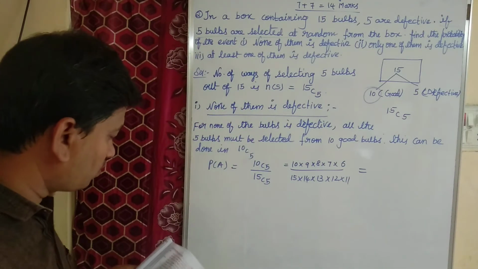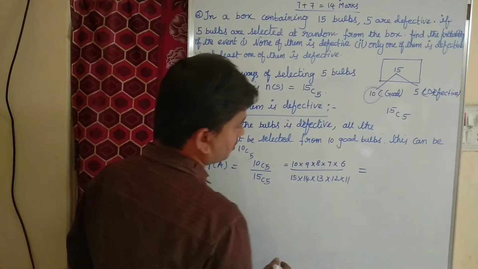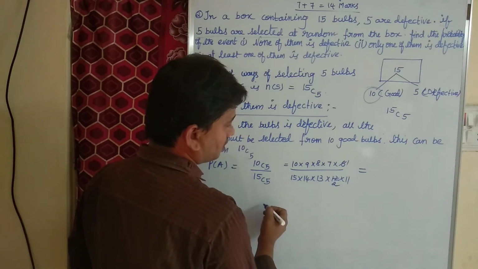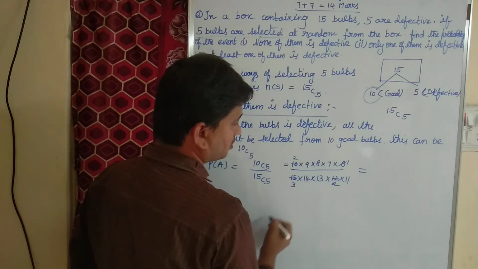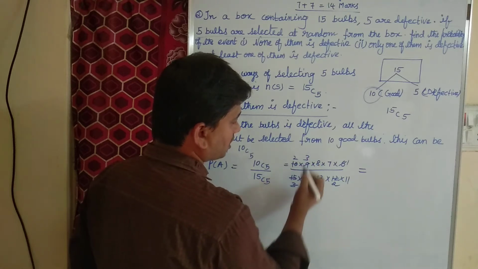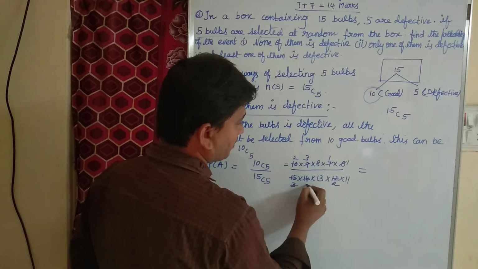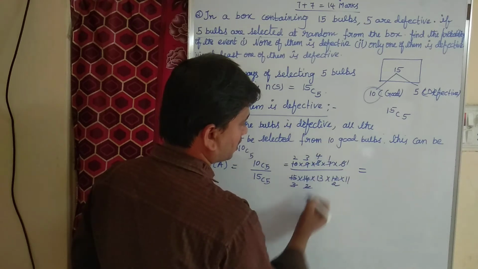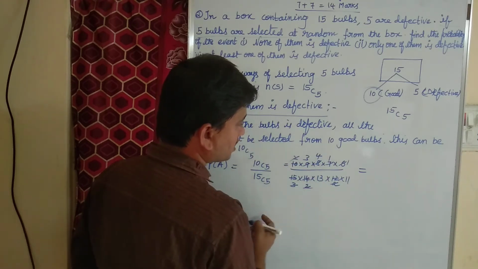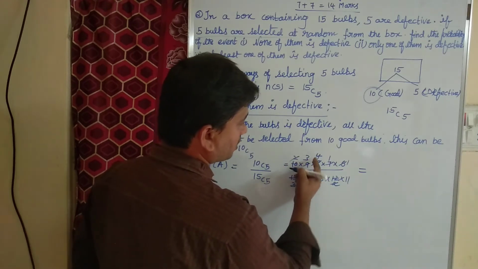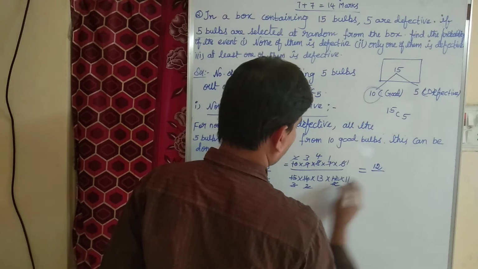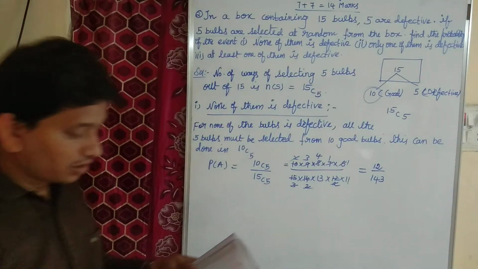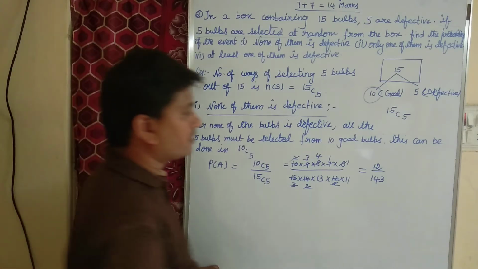So let us cancel now. 6 ones are 6, 6 twos are 12, 5 twos are 10, 5 threes are 15. 3 ones are 3, 3 threes are 9, 7 ones are 7, 7 twos are 14. 2 ones are 2, 2 fours are 8. Again 2 gets cancelled. So 3 fours are 12. 12 divided by 11 into 13, which is equal to 143. So the answer is 12 by 143. So this is our first question.